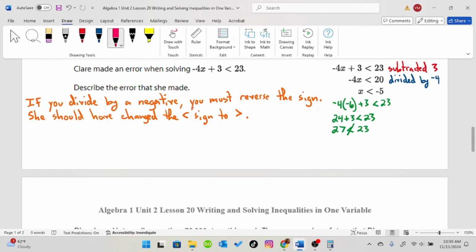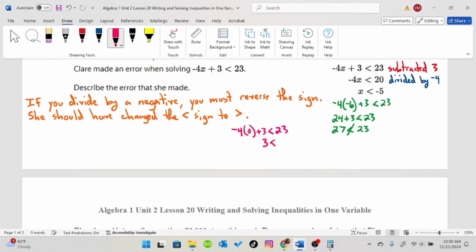But now let's try flipping the sign. If we flip the sign and x is greater than -5, then we could try something as simple as 0. -4 times 0 is 0.